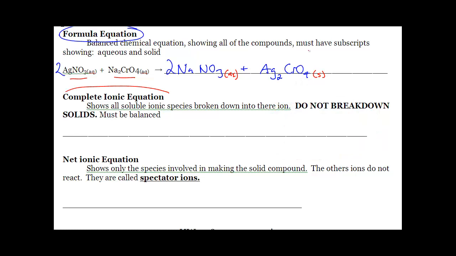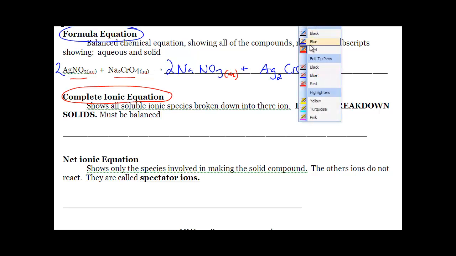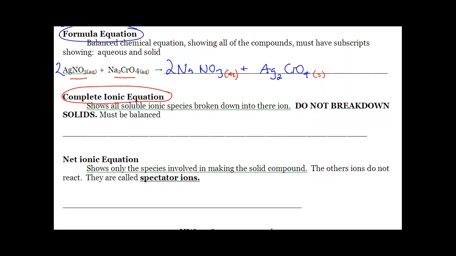You can also write that in complete ionic equation, which is rare. I'm not going to ask you to do that often. Remember, complete ionic form is when you break down all of the aqueous items into its ion form. So AgNO3 will turn into 2Ag plus and 2NO3 minus, 2Na plus, CrO4 minus 2 goes to 2Na plus and 2NO3 minus.